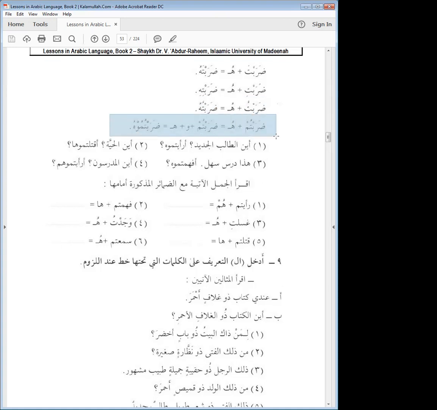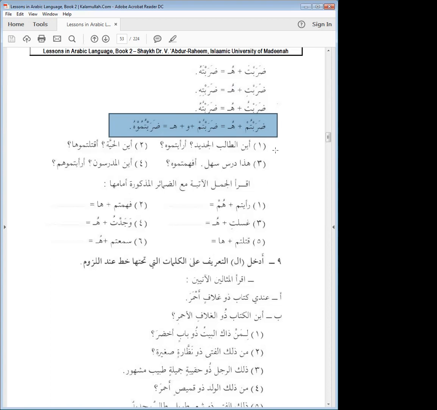Then we have a little variation here, where you have darabtum. Darabtum, this is masculine plural, second person pronoun. Right? You, masculine plural, hit. Who did you hit? Him. Darabtum, and then we add the hu.